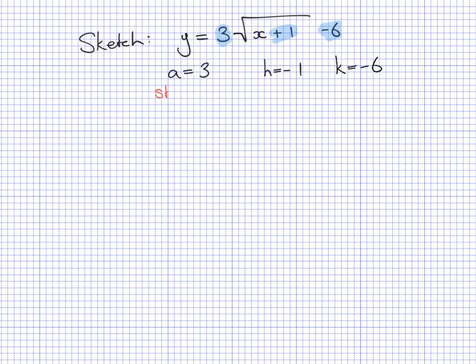So this stretches the graph vertically. The h value translates it 1 unit left, -1, and the k value translates 6 units down.